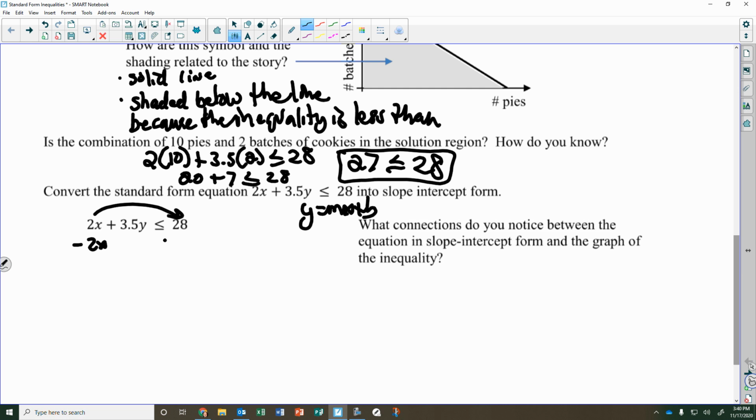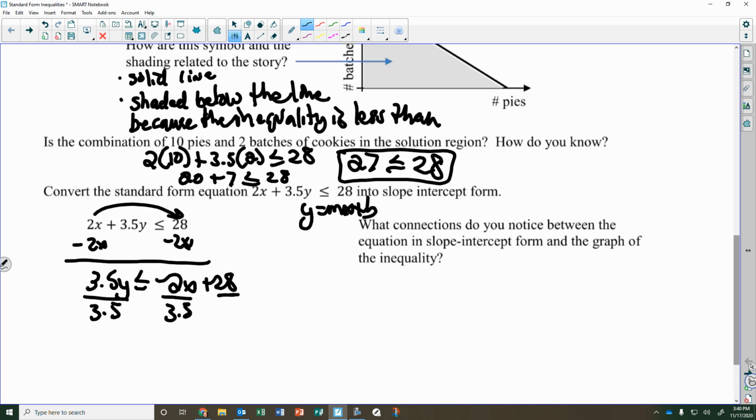So we would subtract 2x from both sides. And I'm left with 3.5y is less than or equal to negative 2x plus 28. Now we have to divide both sides by 3.5. This is where things are going to get a little weird, so I'm going to use a calculator.